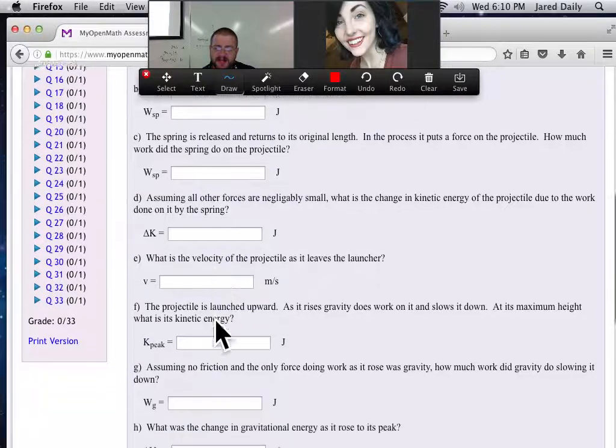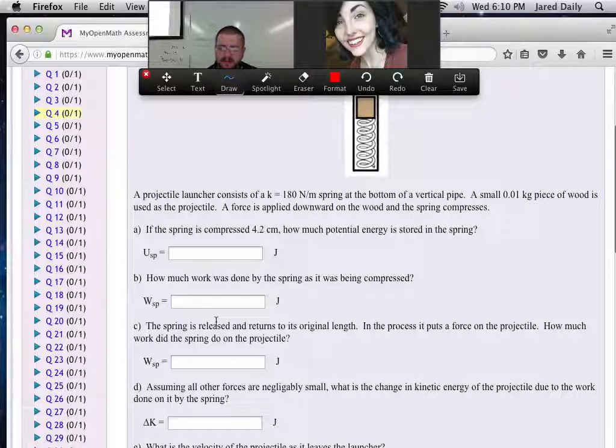You just have to think what system are they talking about and is the energy going into it or out of it? When something is doing work on something else and the energy is leaving the thing that's doing the work, then that is actually positive work being done on something else. So it's a little confusing.